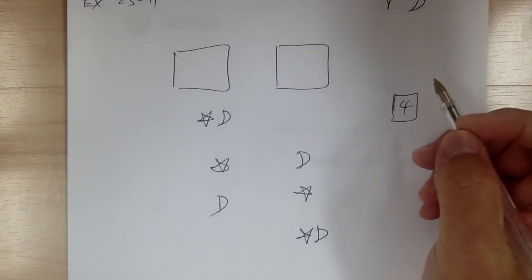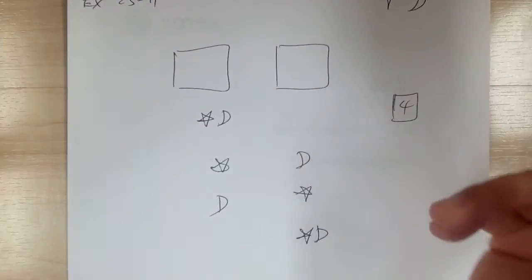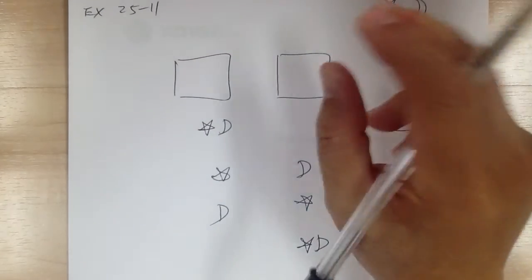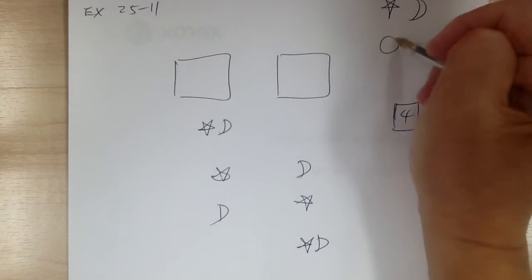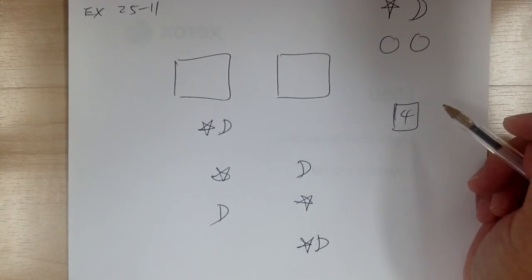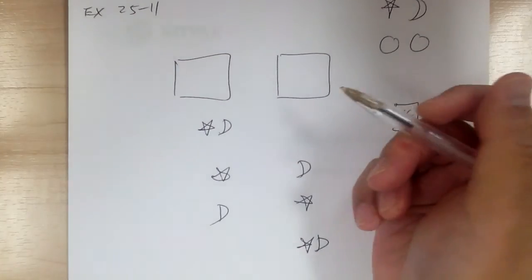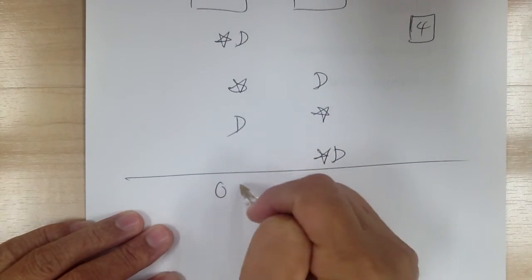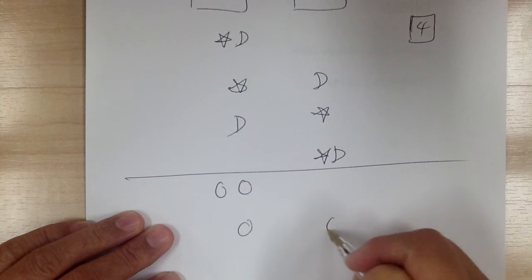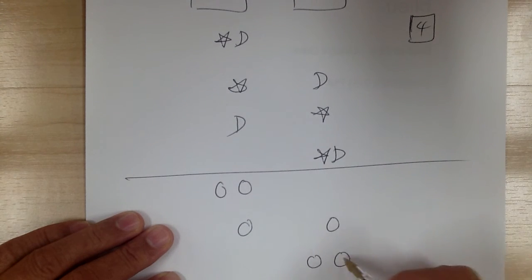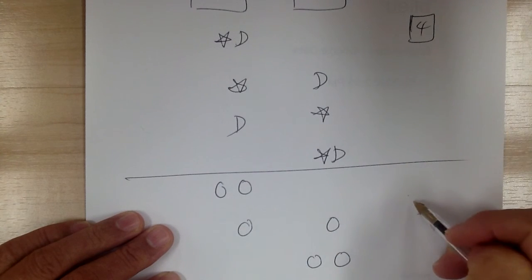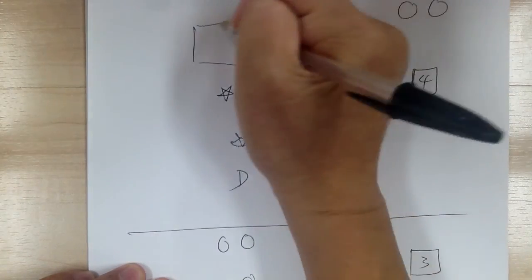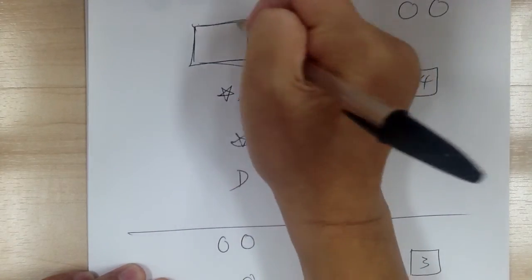Now it's going to be different if the 2 objects are indistinguishable. If you have 2 identical objects, then you can have 2 over here, or you can have 1 each, or you can have these. So in this case you only get 3. These are 2 different boxes, right?